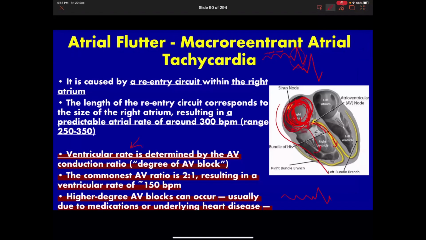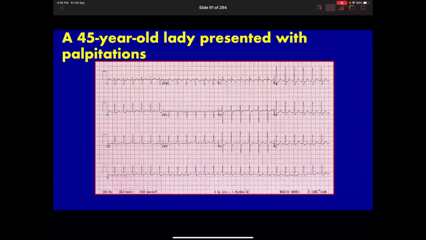Now, what about this one? Follow the table. SVT. Okay, why? Do you want to solve it with me? Because there is no P wave. Exactly. Now, if we go from start to finish, this is tachycardia, right?